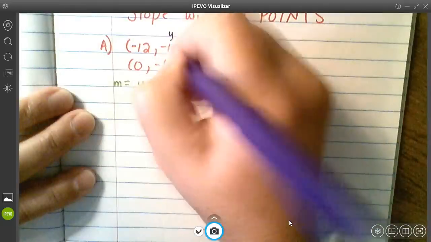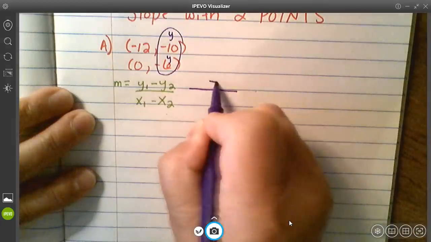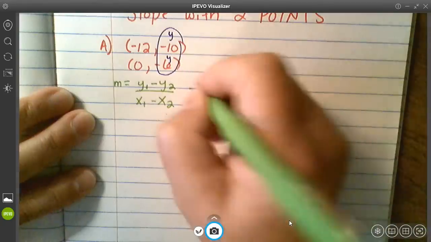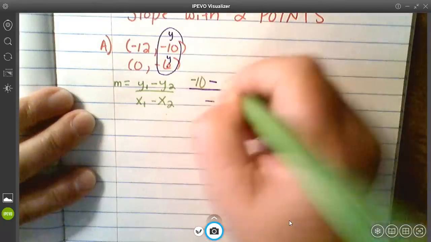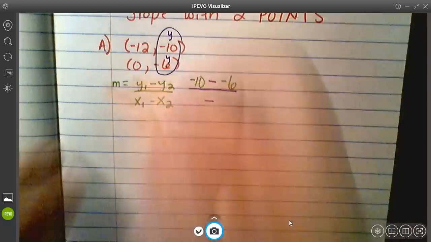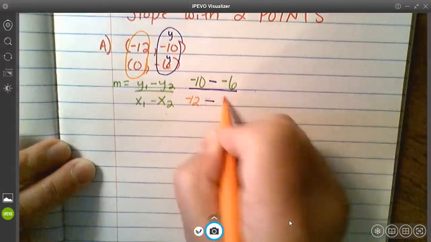So here are my y's. Okay, so my y's, I'm going to put -10 and -6. And then for my x values, I have -12 and 0.